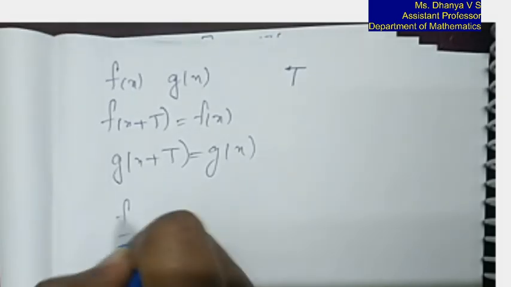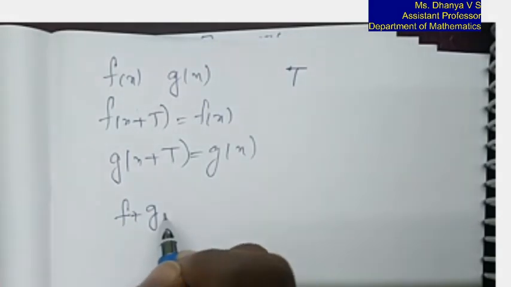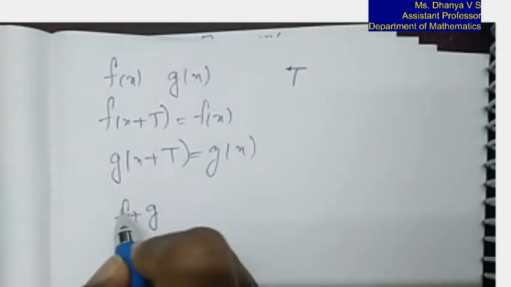So if f of x and g of x are periodic with period T, then f of x plus T is equal to f of x, and g of x plus T is equal to g of x. My question is: is f plus g periodic?